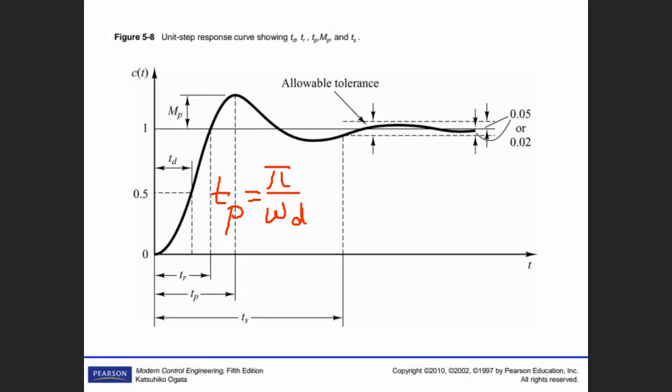Then the next question: how could you find M_p? All right, help me to obtain M_p, the maximum overshoot. So we are now looking for this value.